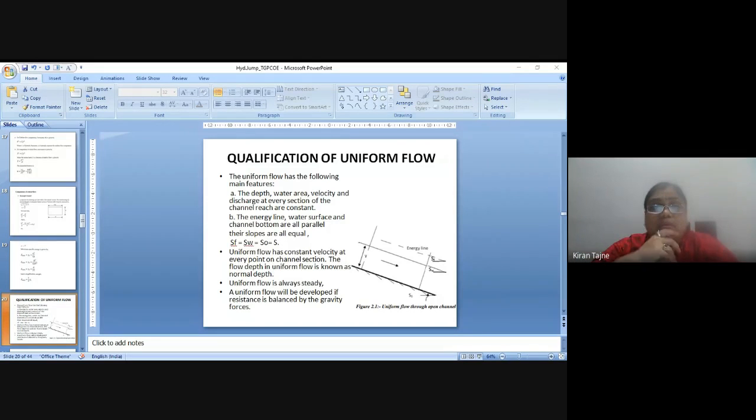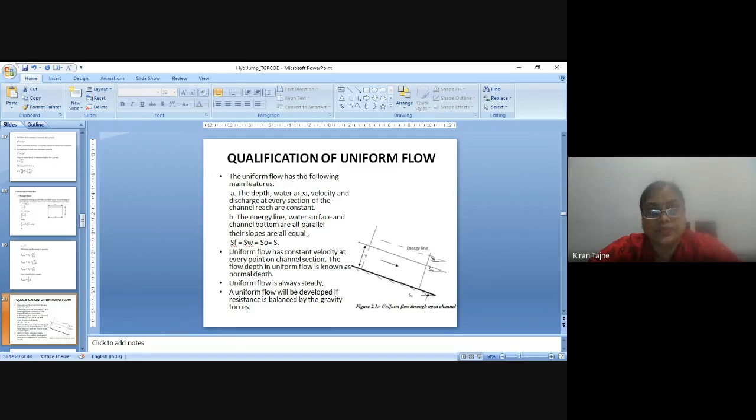A prismatic channel, an artificial or man-made channel carrying a certain discharge with constant velocity, is an example of uniform flow.